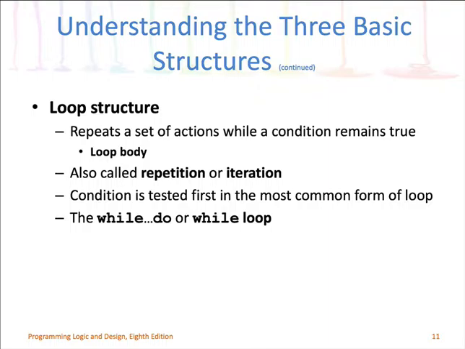A loop structure, as I said before, is one that just continually loops while a condition remains true. Other terms for this are repetition or iteration. In my experience, looping is where you say while x equals 500, you need to do some things.